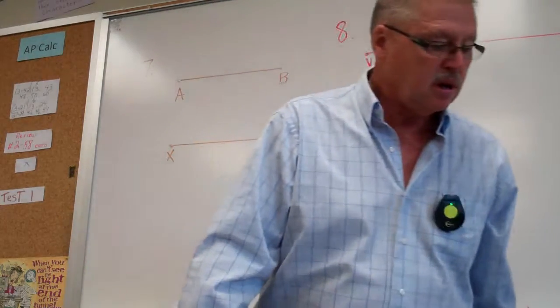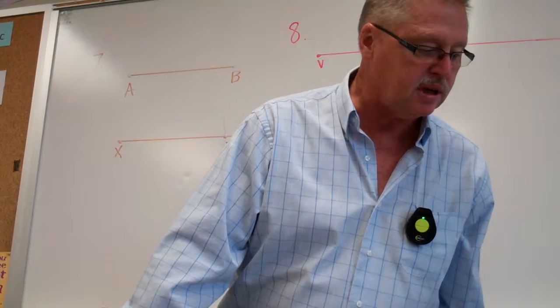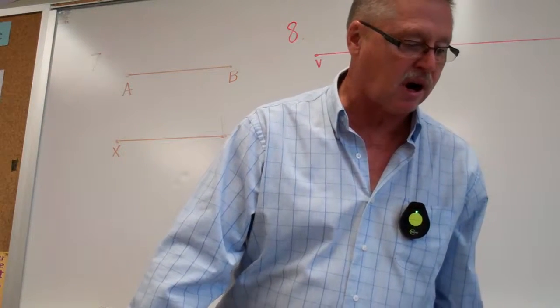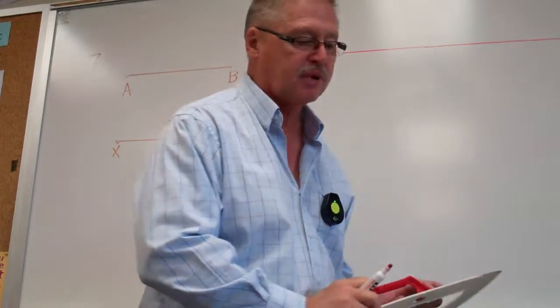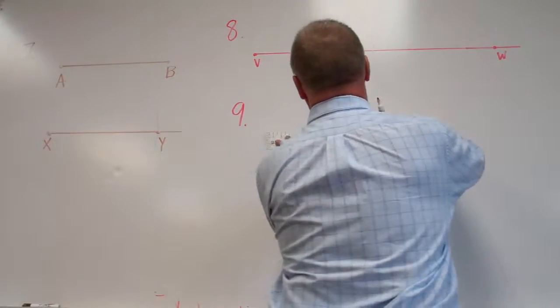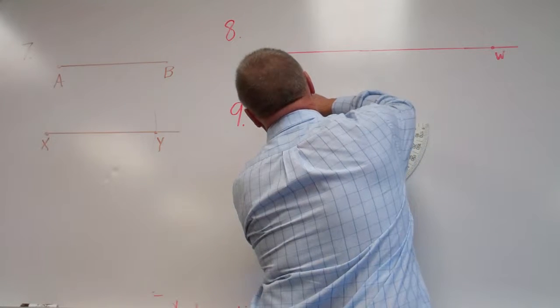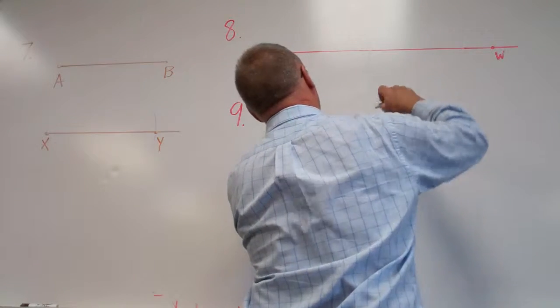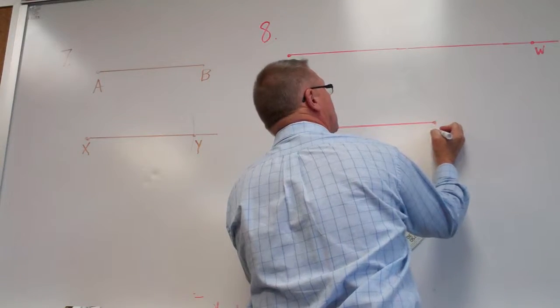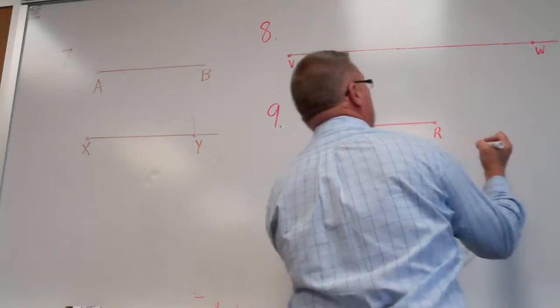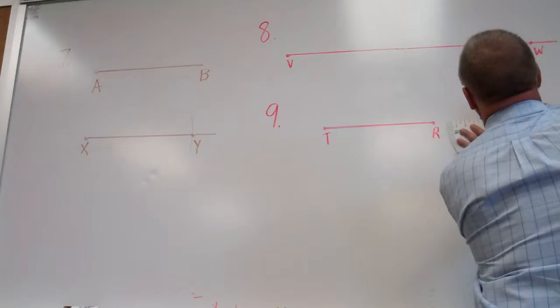Number 9, we want a DE that's as long as TR and PS. They have a sample TR and PS there, so we need to have a little TR and a PS to work with. So we'll make a little TR. Looks like PS is somewhat smaller.